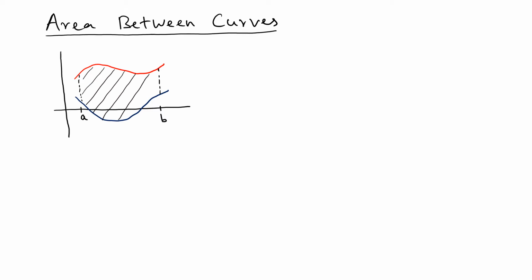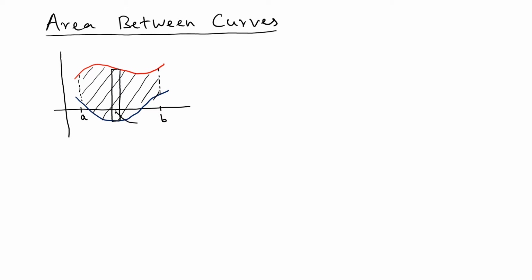So I hope you remember what we did. We're gonna pick a typical point, which we can call xi star, and then we're gonna look at the typical area. What we normally do is draw a rectangle with the height at the value you pick.